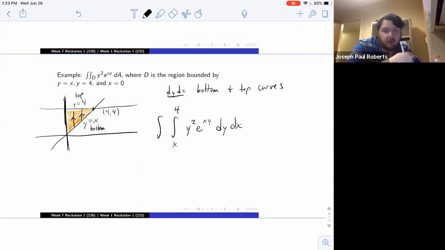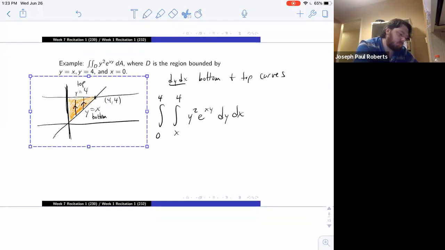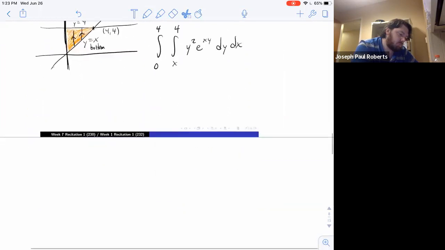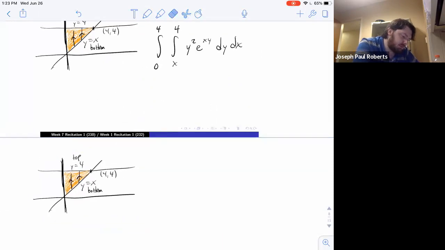We're starting at the line y equals x, we're stopping at the line y equals 4. So we have that, and then this occurs for x between 0 and 4. So, okay, let's, for practice, do dx dy.